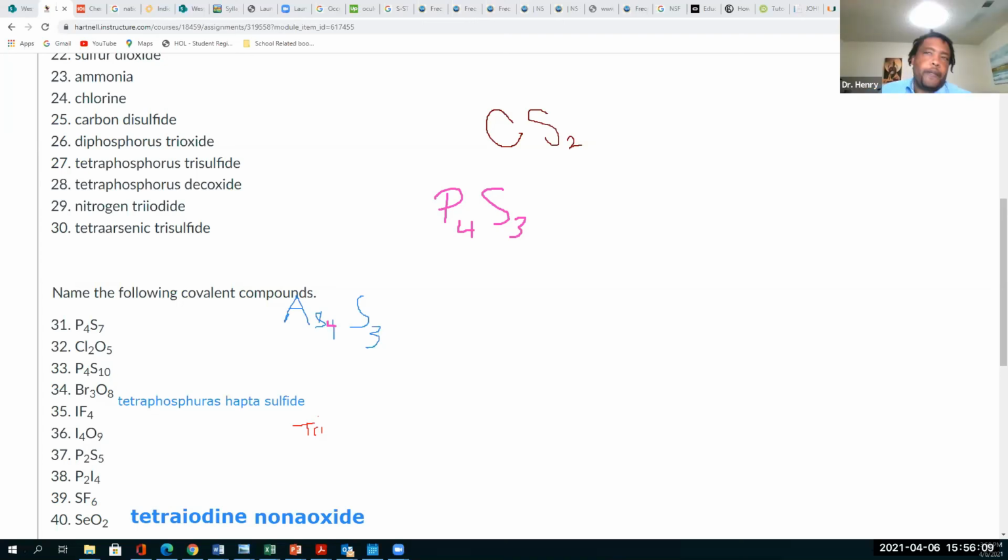Okay, so I forgot to tell you one thing about when you're writing the name, if it's in front of oxide, you drop that letter. So you don't say nona oxide, you say nonoxide. Kind of like you don't say mono oxide, we say monoxide.